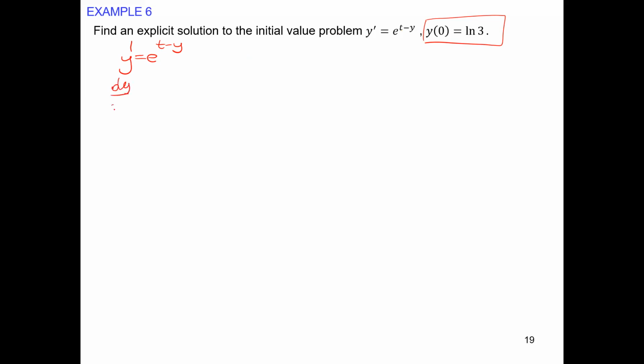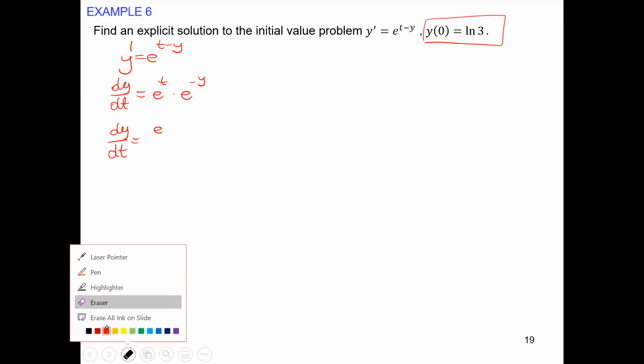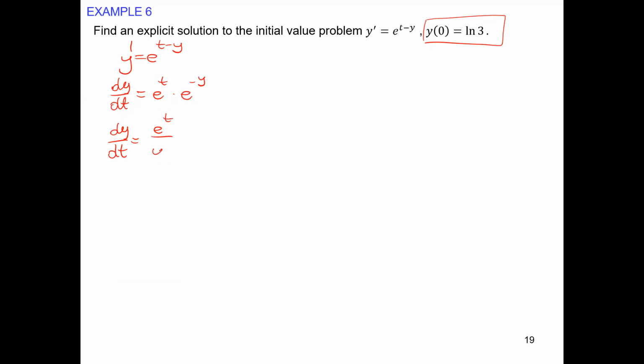dy/dt, this is the derivative with respect to t, equals e to the t times e to the negative y. And we're trying to make the separation: dy/dt equals e to the t, and negative y, because I can place this in the denominator.